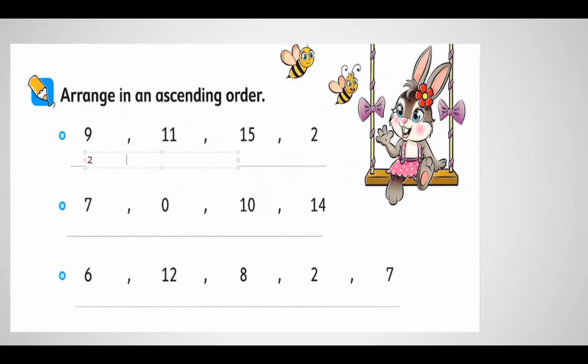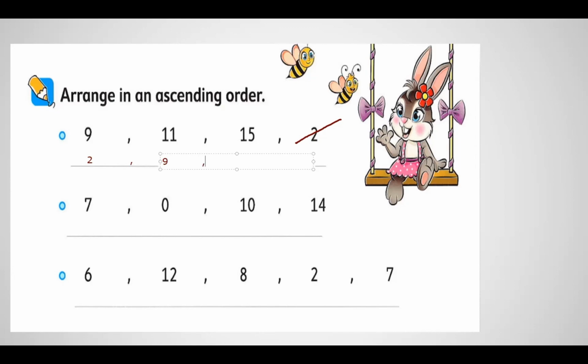2 will come here. And when you finish the first number, make a dash on it or cross it out. After 2, now I have 9, 11, and 15. Again, ascending, I need the small. Yes, it's 9.